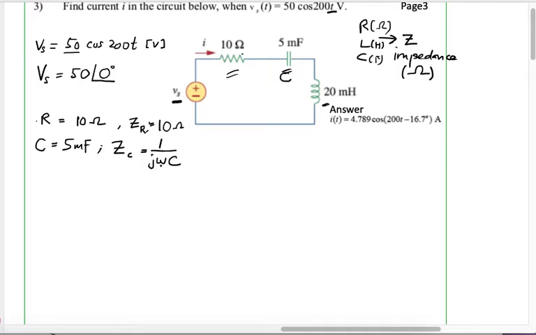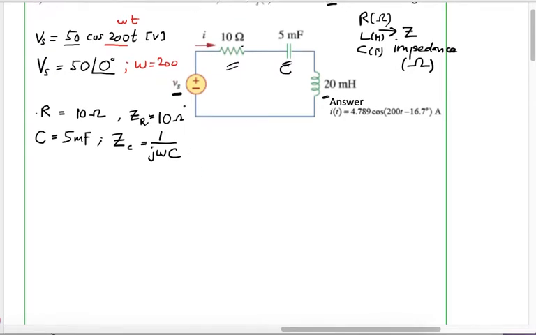Omega is the angular frequency that we have learned before. Where in this equation is your angular frequency? That is here, 200, because any AC signal will have this cosine as a function of omega t, and this 200 is your angular frequency, 200 radian per second.